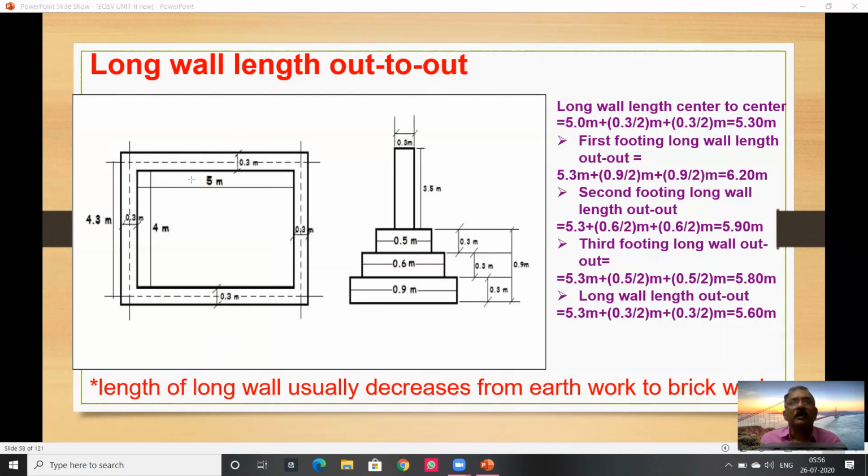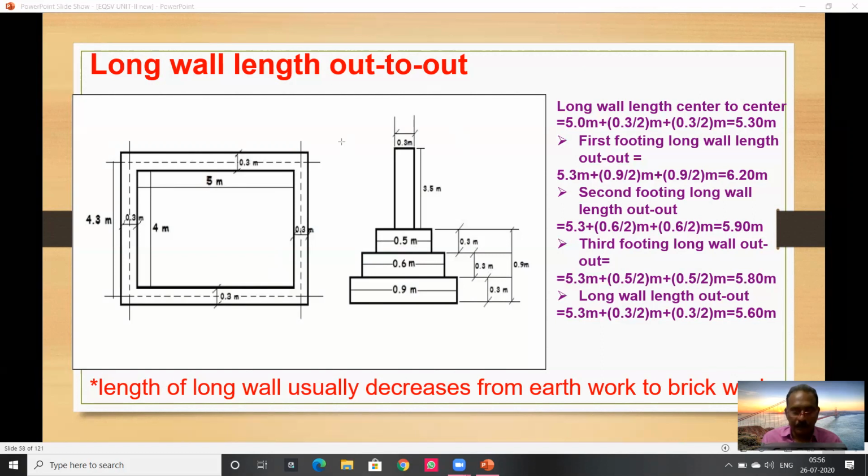If you understand this concept, the next problems are very easy. I will explain in a clear way how to tabulate. Here, first is the basic principle of the long wall method.